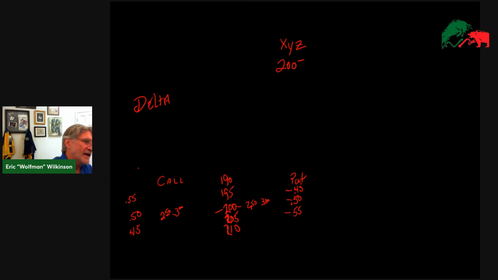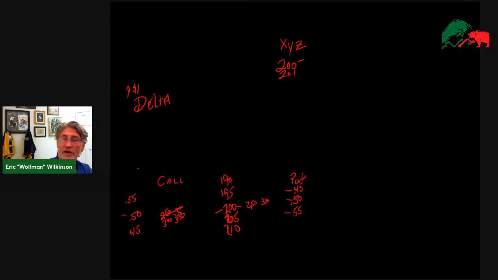Delta tells us that if the underlying increases by $1, our premiums will increase by the corresponding delta. So if we went from 200 to 201, now we would see the calls increase by 50 cents. They would go to basically $3 and $3.50.